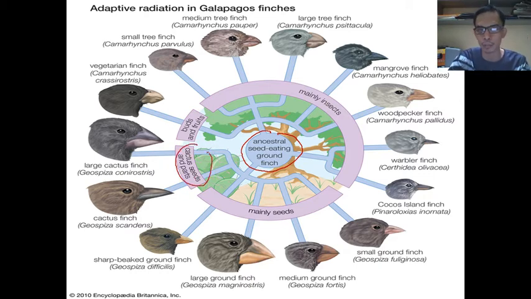Some of them eat cactus seeds, some eat seeds of some tree plants, some eat fruits, and some eat insects.